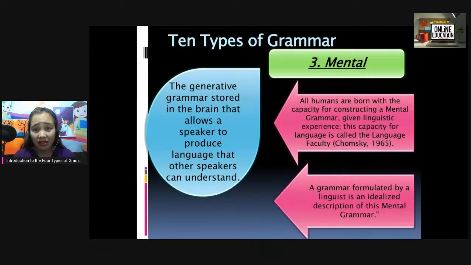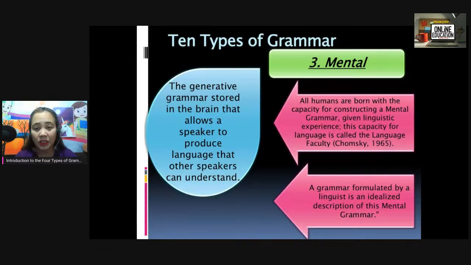And then we have mental grammar. So the generative grammar stored in the brain that allows a speaker to produce language that other speakers can understand. All humans are born with the capacity for constructing a mental grammar.